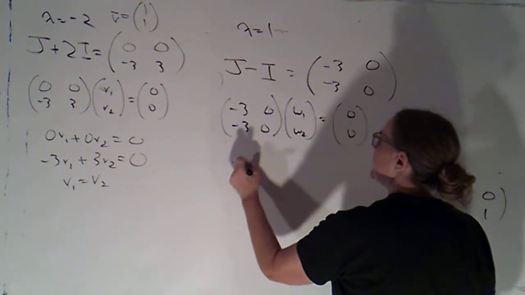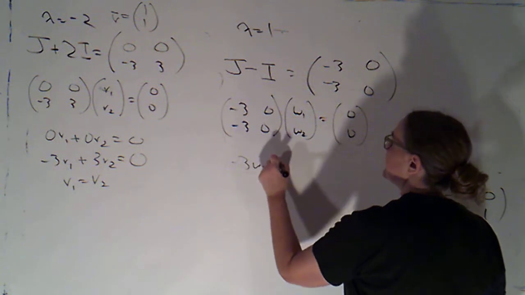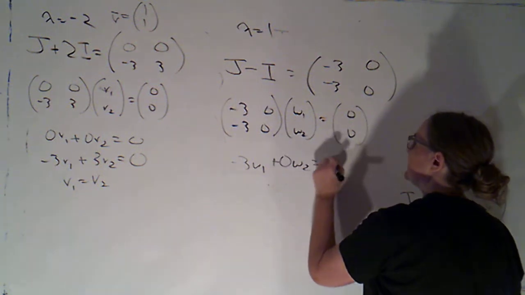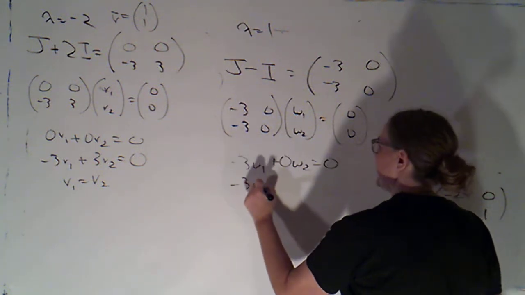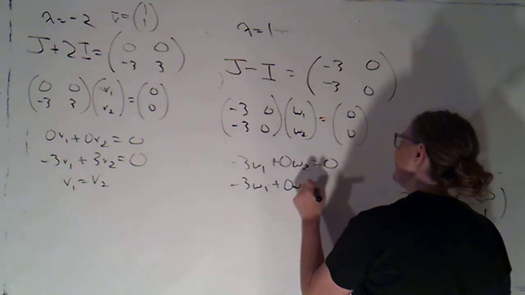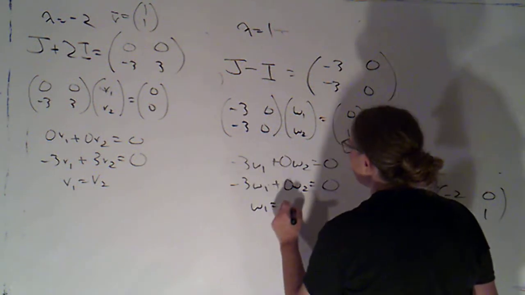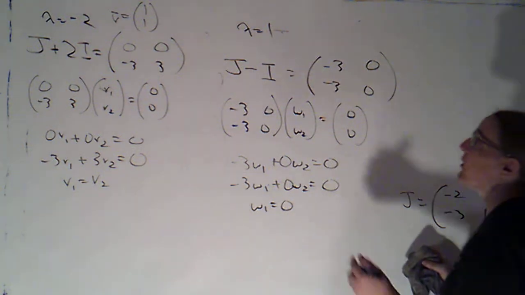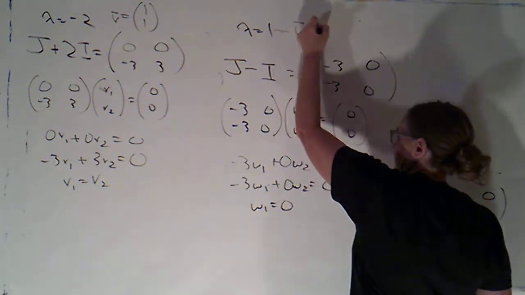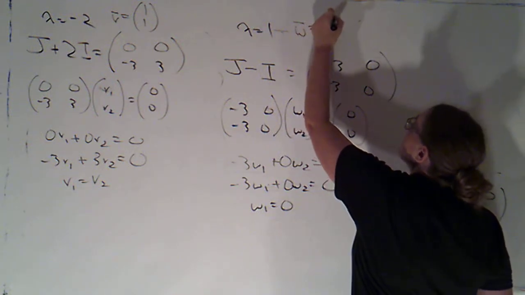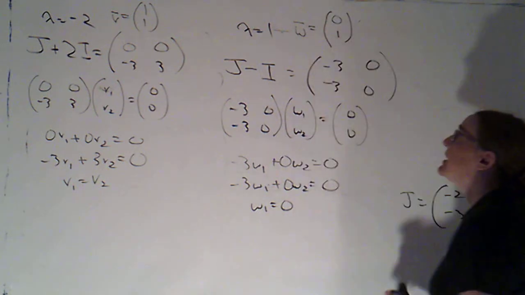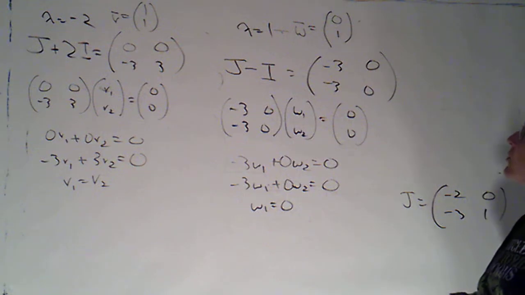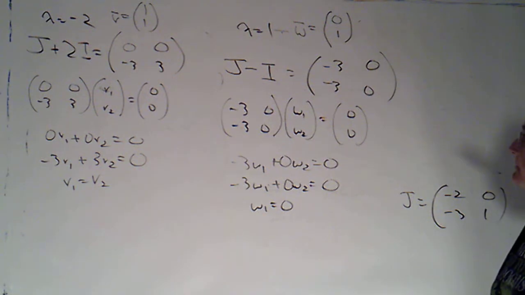So negative 3 w1 plus 0 w2 equals 0. That tells me w1 has to be 0. w2 is free to be whatever I want. So I'm just going to let w be 0, 1. That's an eigenvector corresponding to 1.